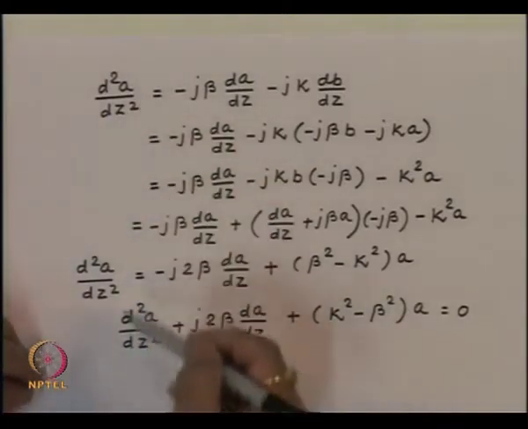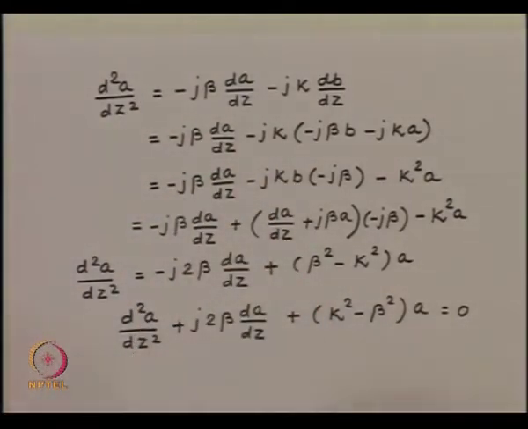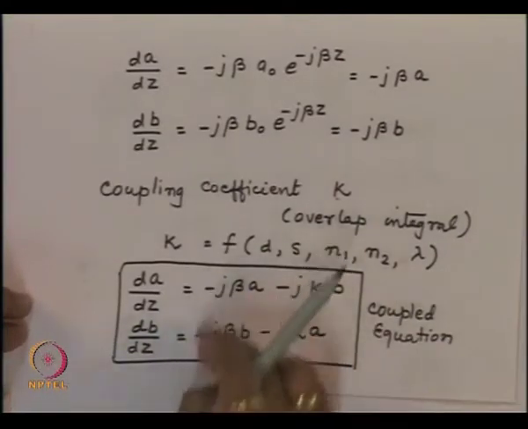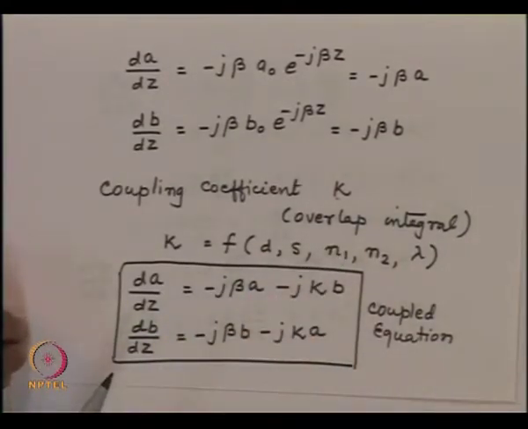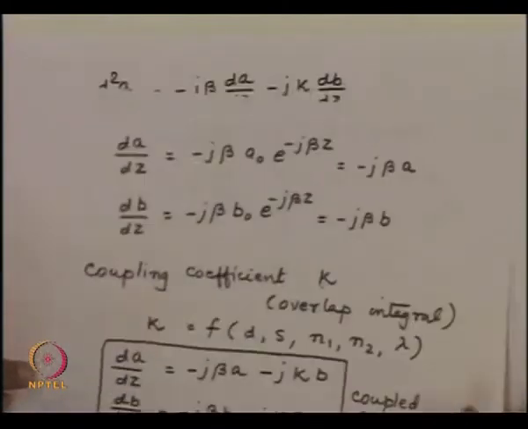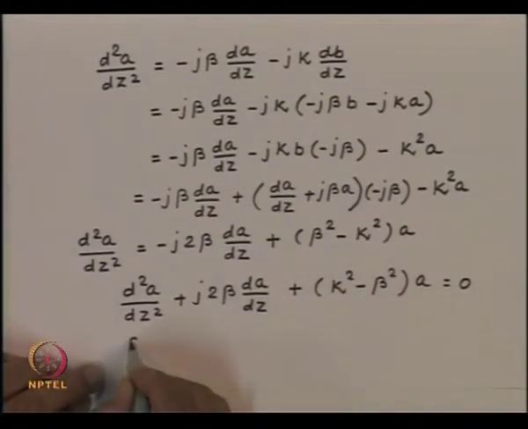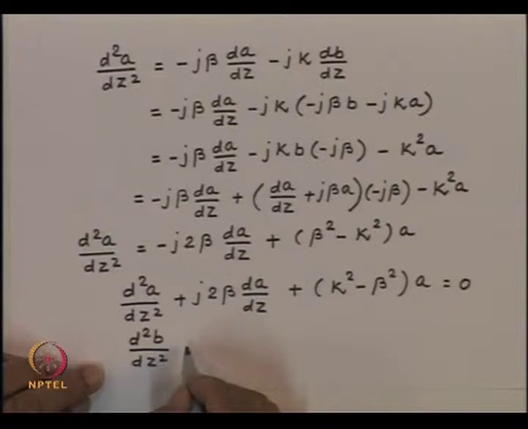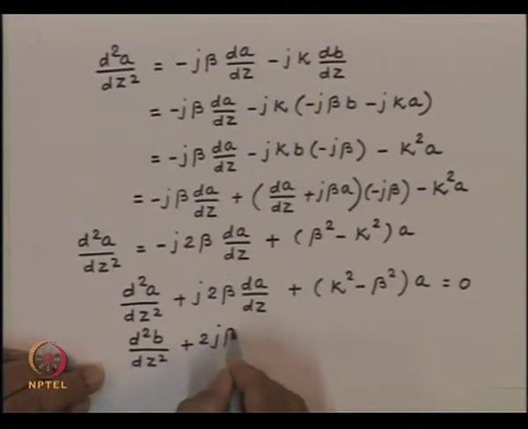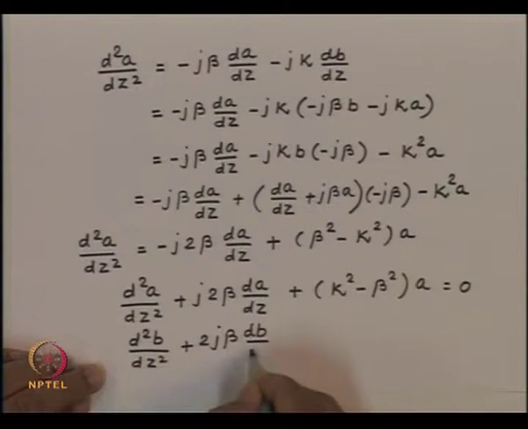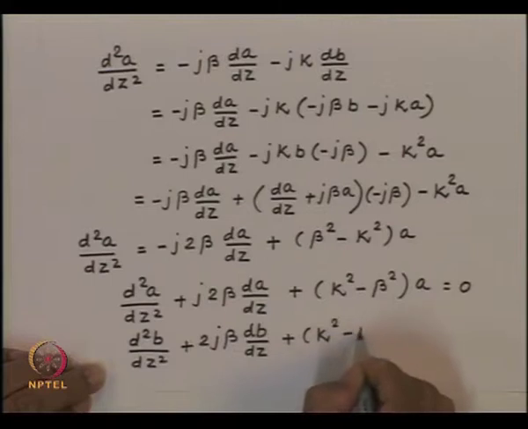And the same equation essentially will be there for B also, because these two equations are exactly symmetrical. So, whatever equation we got for A, exactly identical equation we will get for B also: d2B by dz square plus 2j beta dB by dz plus k square minus beta square B, that is equal to 0.